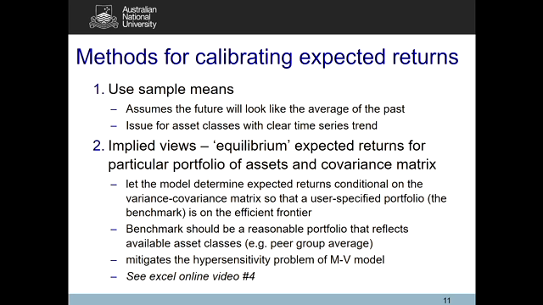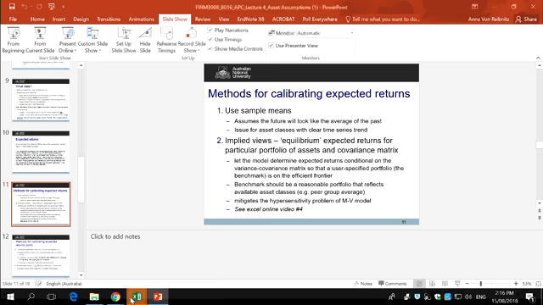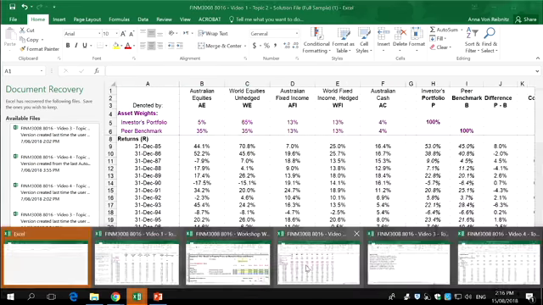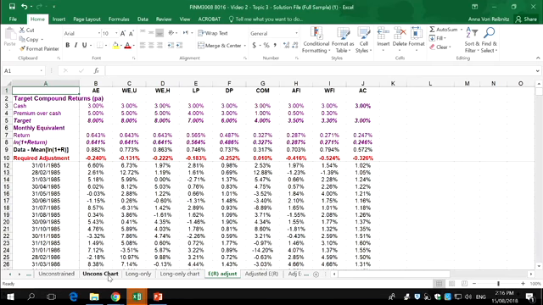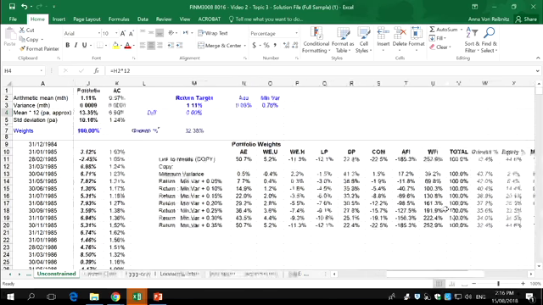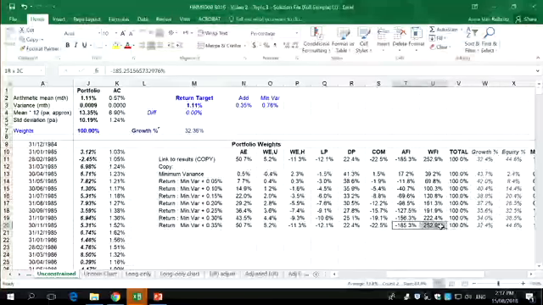Because sample means, remember, if you have an asset class where you have much higher return given the risk compared to an alternative, remember, world fixed income had much higher return per unit of risk than Australian fixed income in the history, then you're going to start to get these crazy corner solutions.